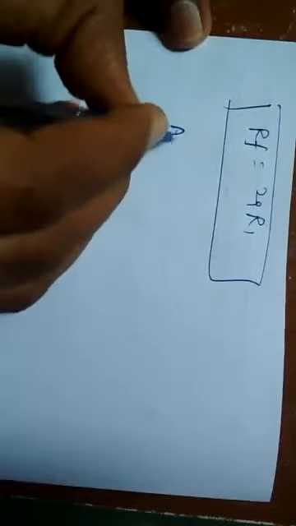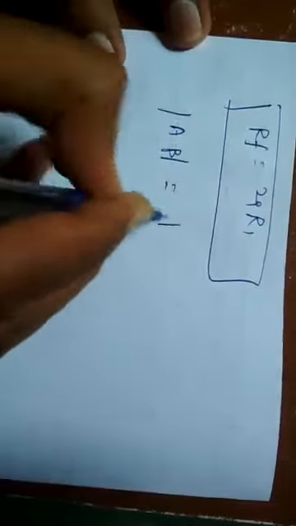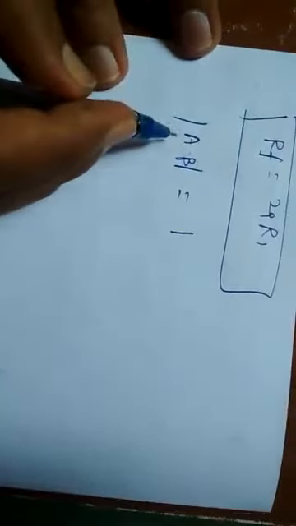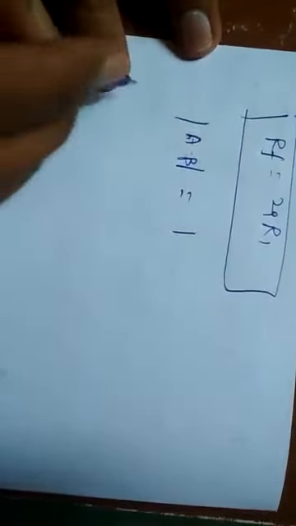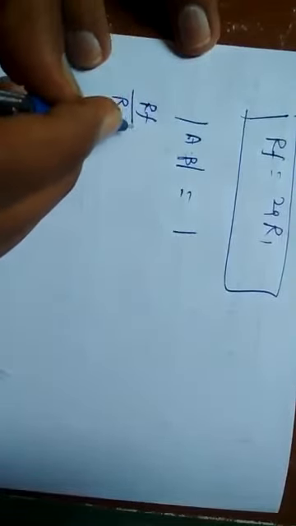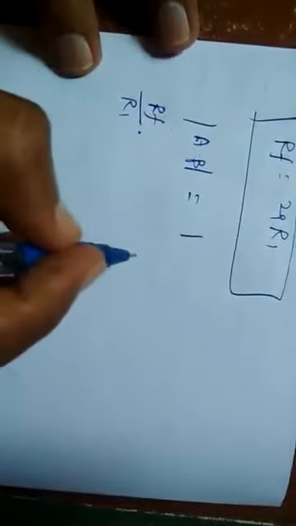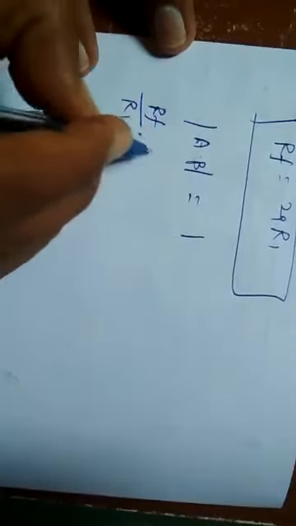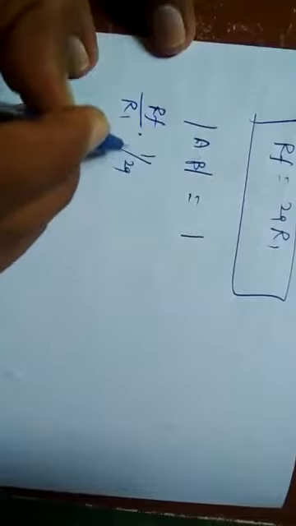So we found RF equals 29 R1 from this expression, and we have A beta absolute value must be equal to 1. Now A is the gain of the inverting amplifier, RF by R1, and beta is the gain we have derived from the feedback path, that is 1 by 29.